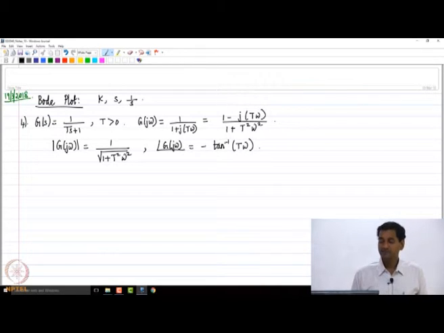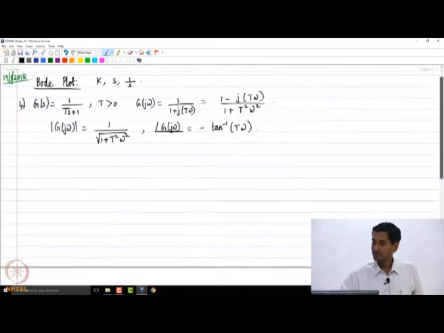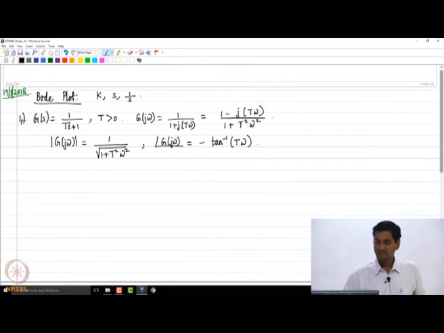That is the magnitude and phase of this particular factor. As we go to more complex terms, the expressions become a little more involved, but we are going to do some simplifications. Let us look at the magnitude first, and then we will go to the phase.